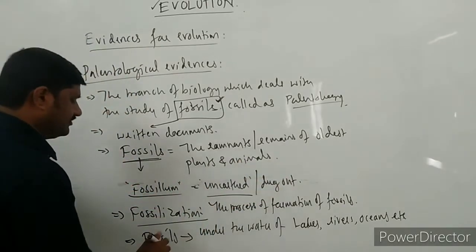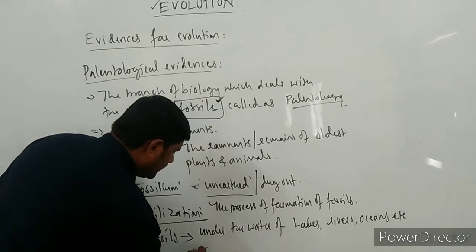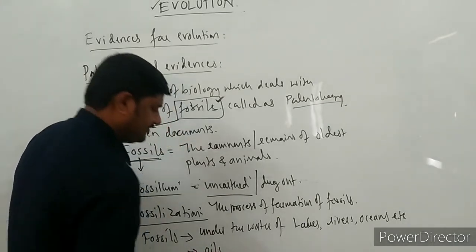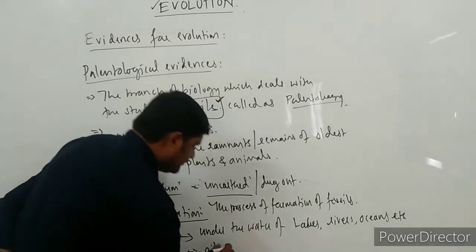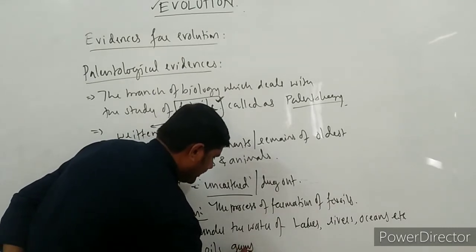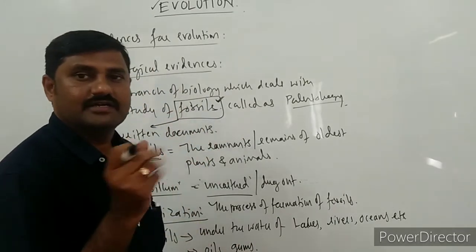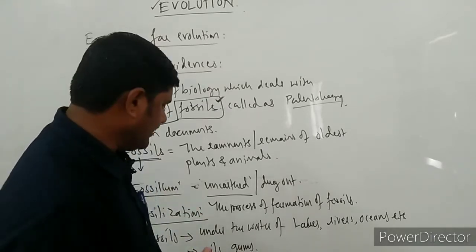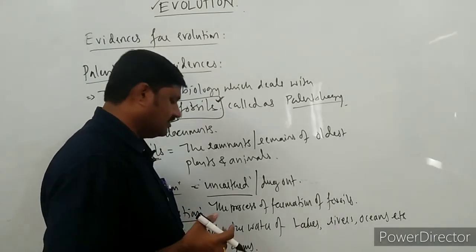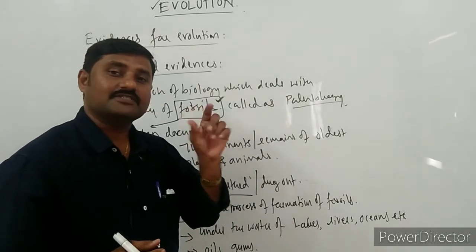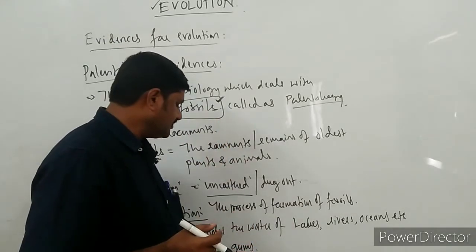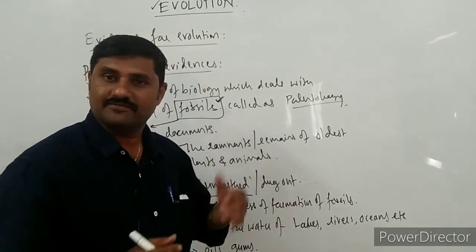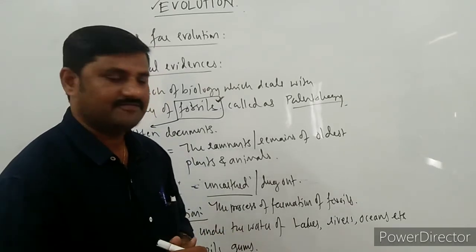Of course, other sources are also there, like oils. In the gums which are oozing out of the plants and big trees, small insects may become fossils, formed in the gums. If an insect is sitting on the tree, the gum that oozes out covers that insect's body, and the insect remains inside that gum itself, right?